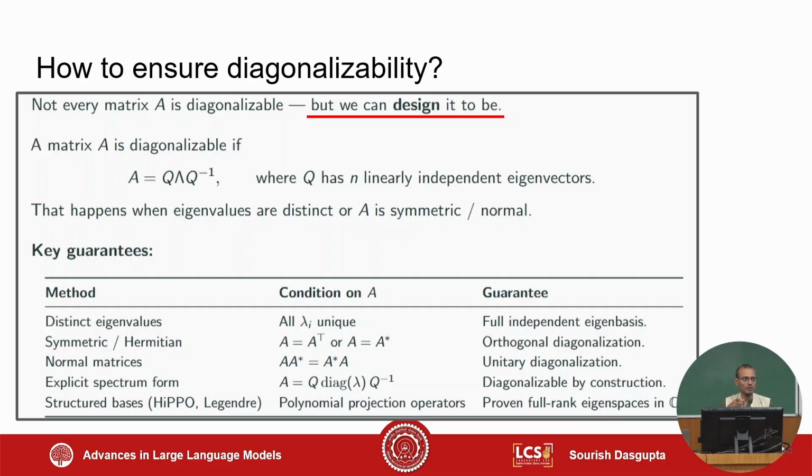Like the Long Range Arena performance table that we saw, where S4 performs so well as compared to the other models. In fact, they are pretty competitive even with the latest LLMs in many of the standard benchmarks. Okay, then fine.